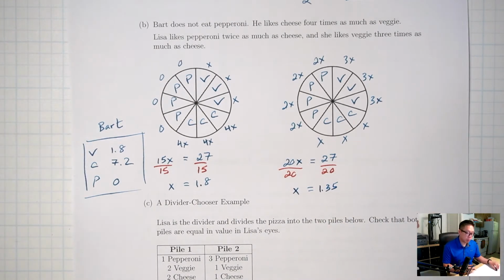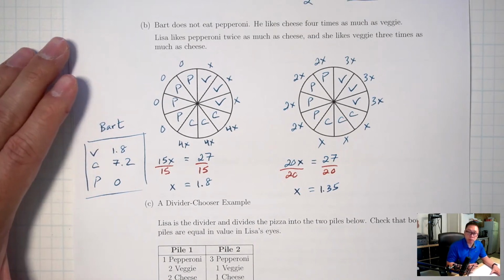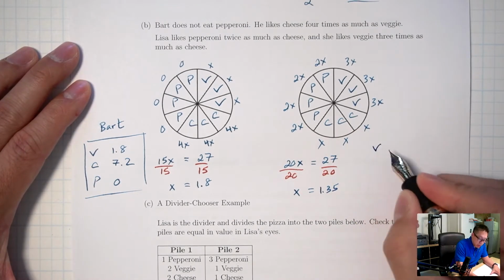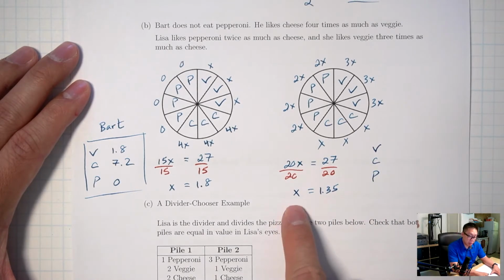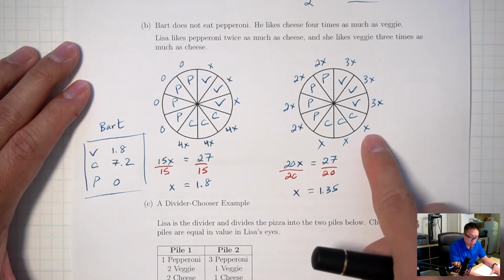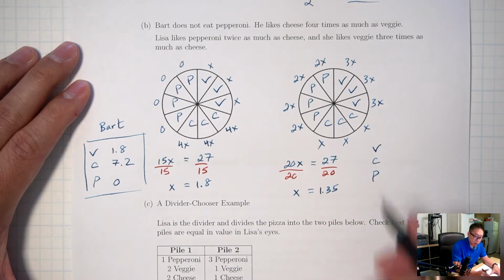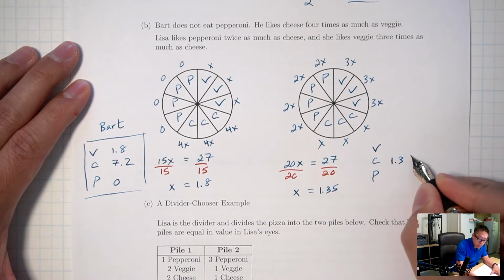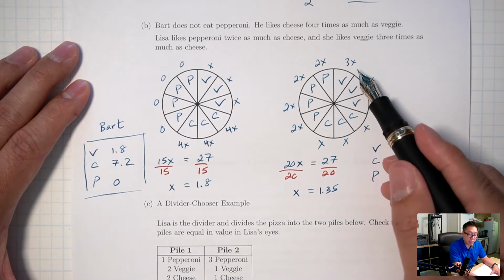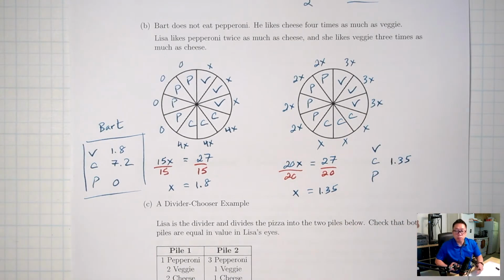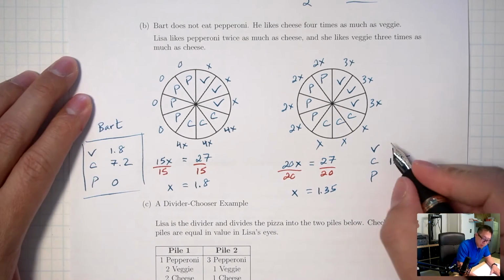And now let's write down the value of each type of slice for Lisa. So we have veggie, cheese, and pepperoni. The 1.35 is x. So which slice did we label as regular x? Regular x was the cheese. So the cheese are 1.35. The veggie we labeled as 3x, so that means 3 times the 1.35, which is 4.05.